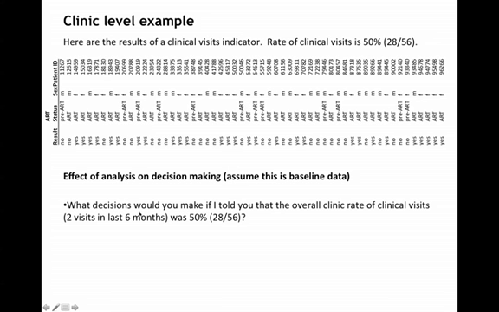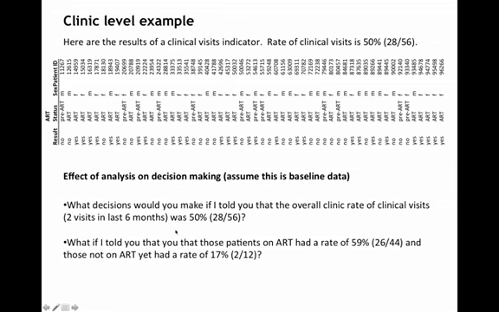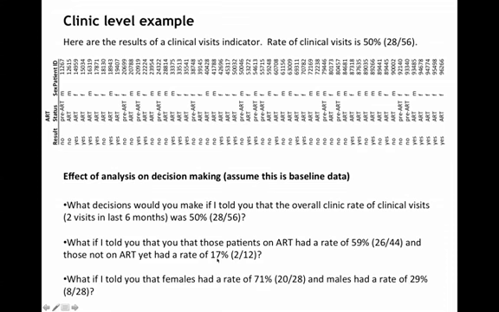So, what decisions would you make if I told you that the overall rate of clinical visits was 50%? And then what would you do if I told you that those patients on ART had a rate of 59% and those not on ART had a rate of 17%? What would you do if I told you that females had a rate of 71% and males had a rate of 29%?